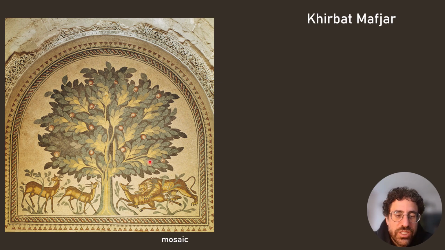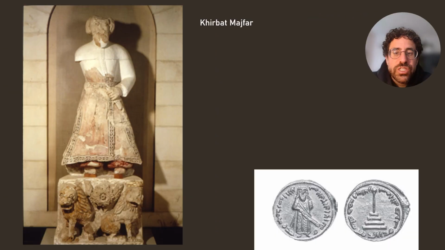You see, for example, clear animal imagery, figurative imagery that you didn't see in these other public religious buildings. And more interesting, if you go to another part of Khirbat Majfar, you would see statues, including this one, which, as you can see, has been partially reconstructed, but you can get a sense of what it looked like.